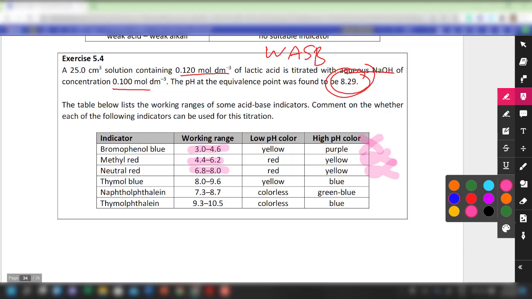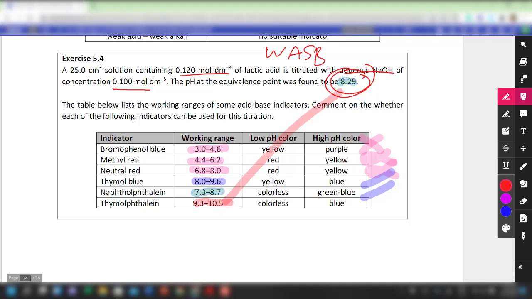Okay, thymol-blue is fine. Okay, so it's actually okay. Naphthophthalein is okay also because it coincides with the equivalence point, so this is okay. And then thymolphthalein in fact is not suitable because if you look at the region, it is actually above, so not suitable.